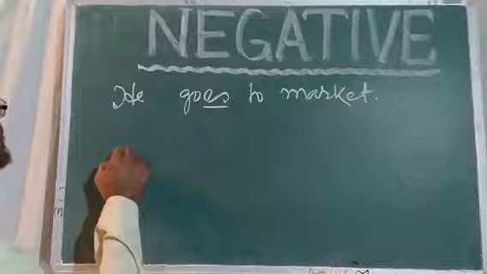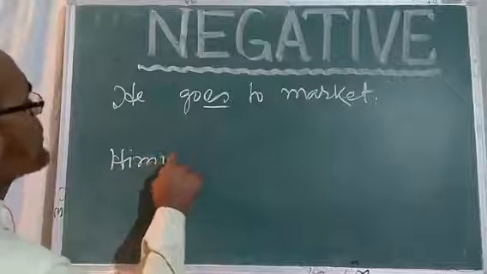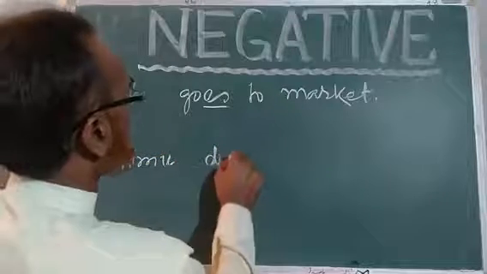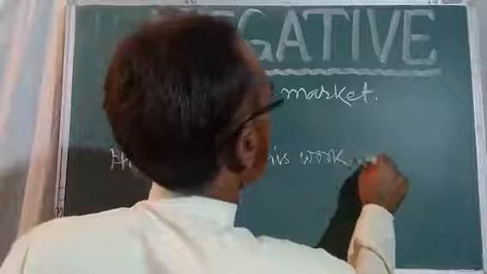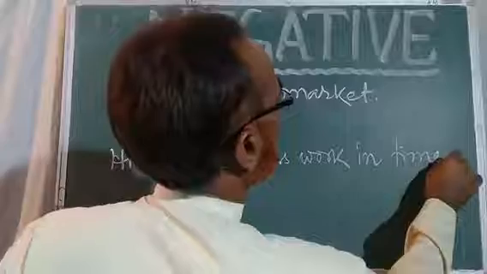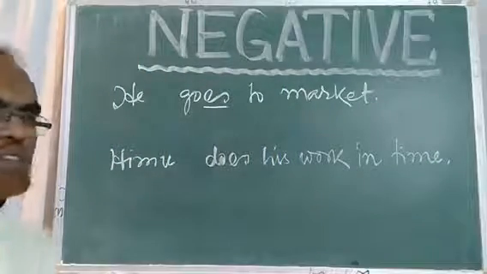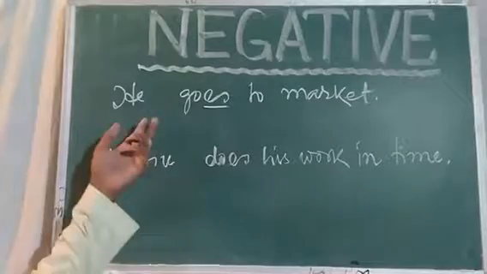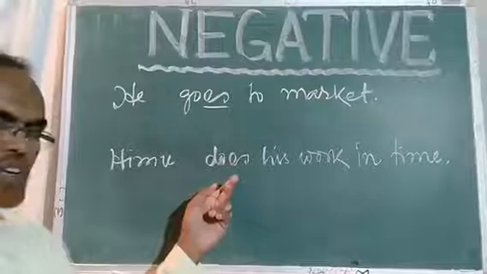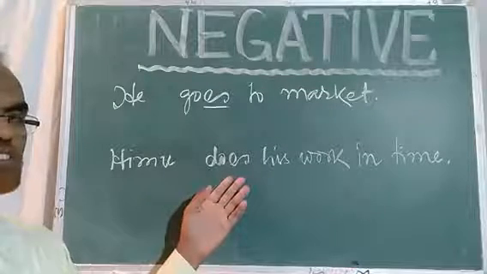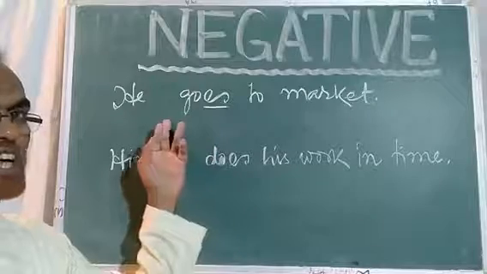Another sentence: Himu does his work in time. I said a while ago that if we find s or es added to the verb of a sentence, then we have to add does not before the verb of the sentence and just after the subject.